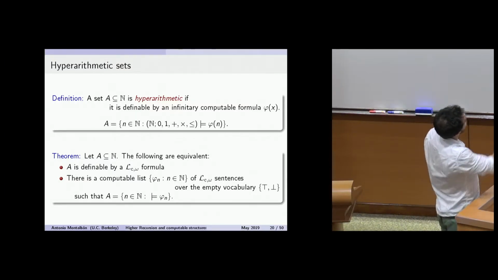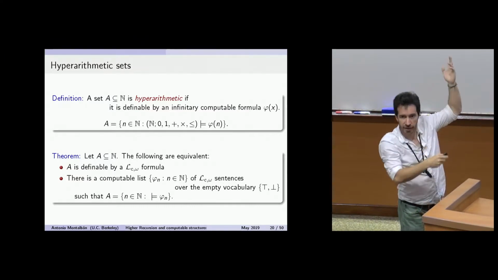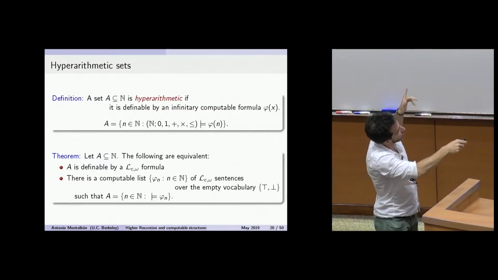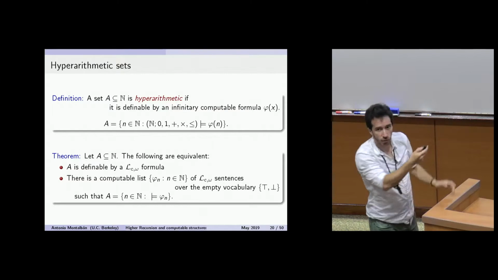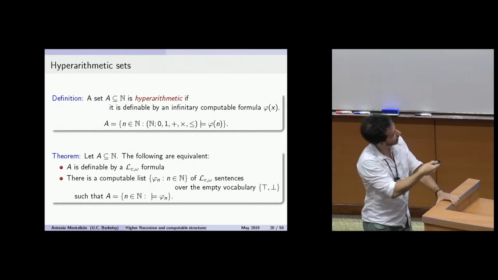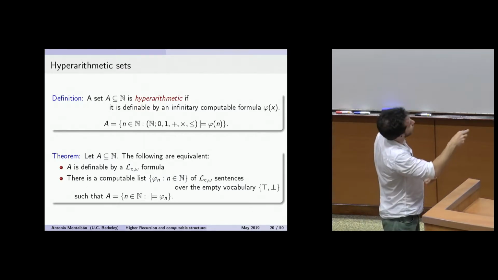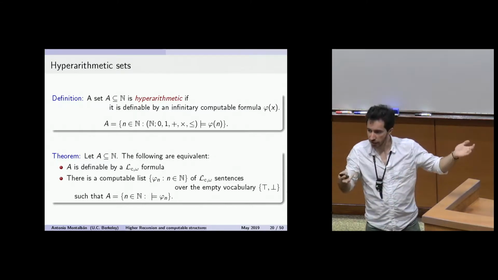The proof of the upward direction is very easy, because if you have a formula in the empty vocabulary, you can easily make it into one about the natural numbers. It can be about anything. The only thing you have to do is put all these phi sub n formulas together into one.